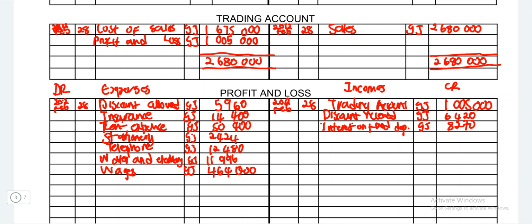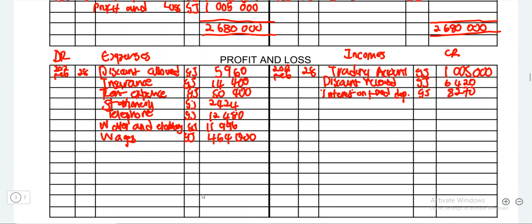Okay, now guys, when it's like this, you need to remember what you must do. This account must be closed off. So the balance that we are going to have, according to the steps, must be closed off to our capital account.